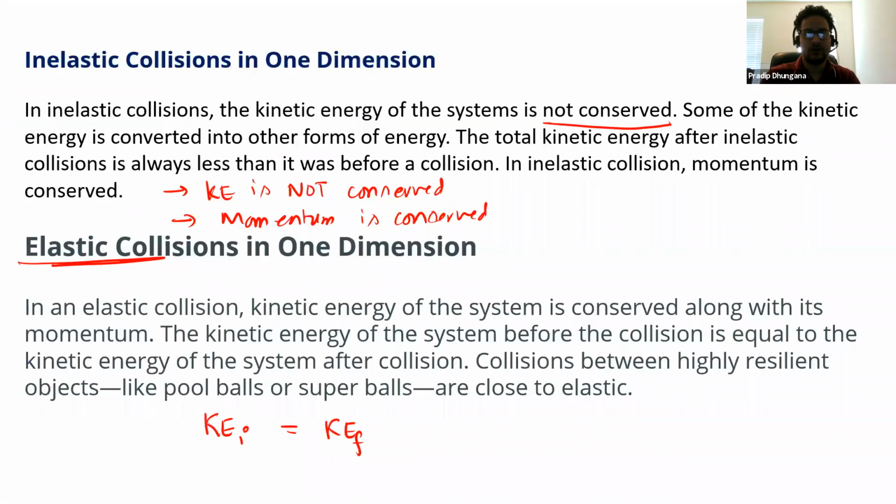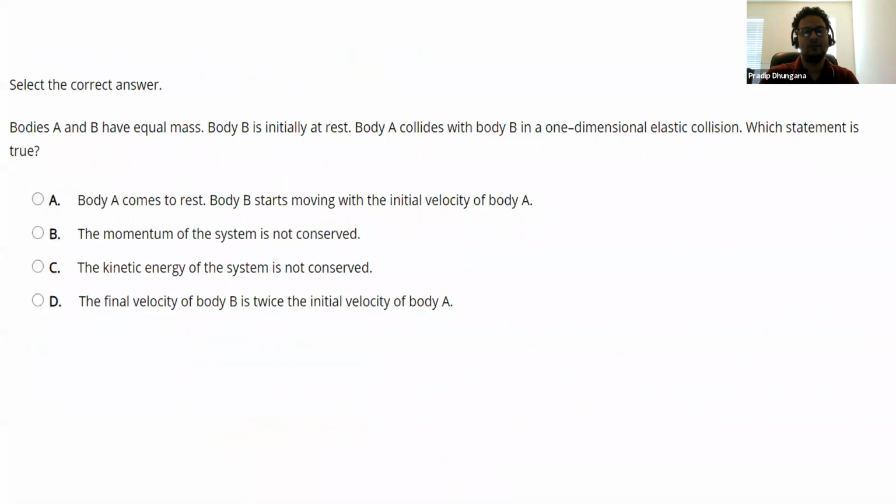Now let's work on some problems related to conservation of momentum and energy. At first, I'll read this question and then I'll give you some time to work on it. Body A and body B have equal mass. Body B is initially at rest, that means its velocity is 0 and kinetic energy is 0.